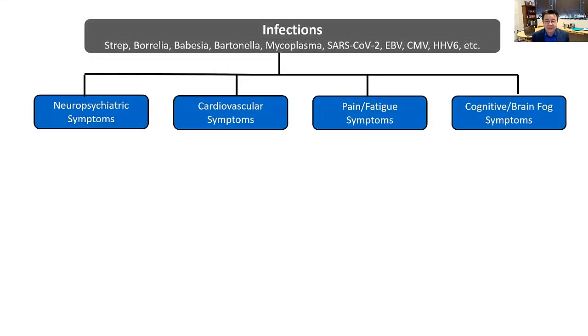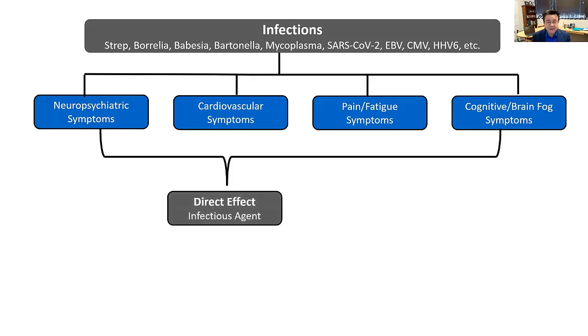So let me start by just showing that we all know that infections such as strep, Borrelia burgdorferi, mycoplasma, even SARS-CoV-2, viruses such as EBV, CMV, HHV6, etc., all have the ability to affect the body and cause neuropsychiatric symptoms, cardiovascular symptoms, pain, fatigue, cognitive brain fog symptoms through a direct effect.